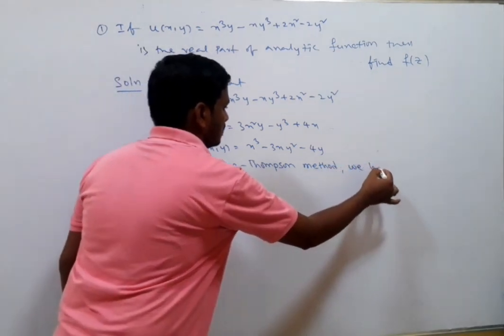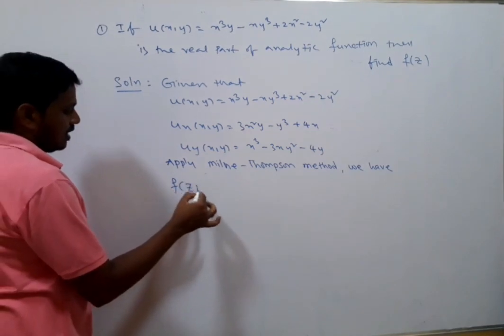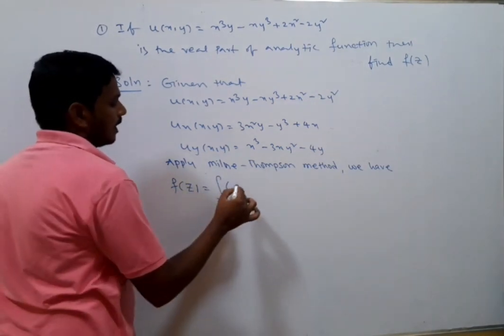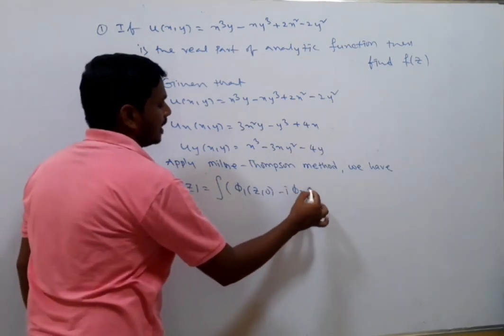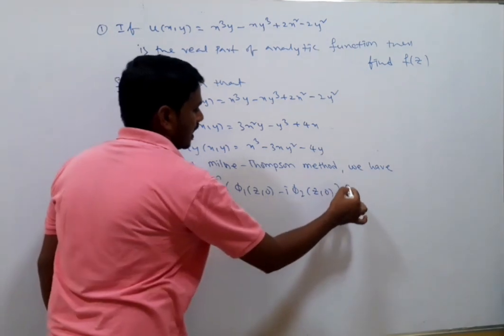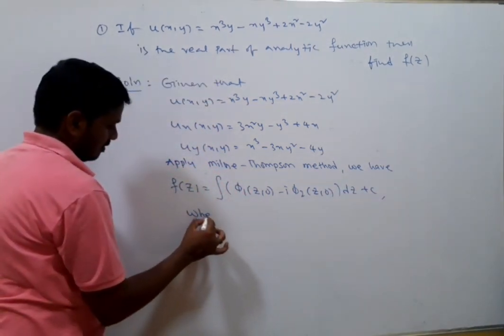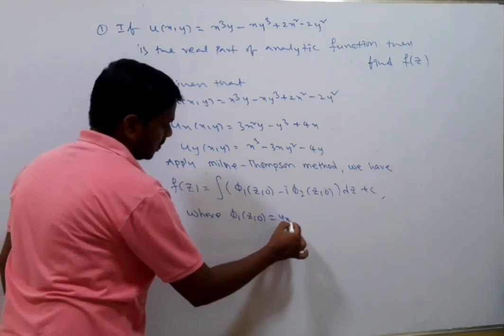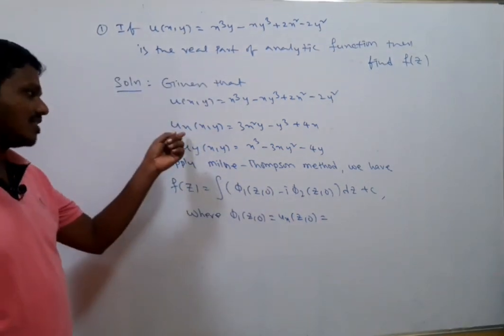We have, right, f of z is equal to, what is the formula here? Integral of psi 1 of z comma 0 minus i psi 2 of z comma 0 dz plus c, where psi 1 of z comma 0 is equal to ux of z comma 0. This is very important. We have the ux of x comma y.